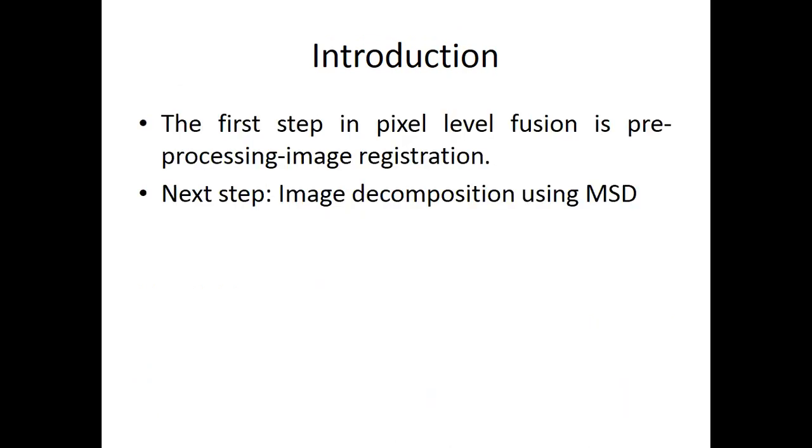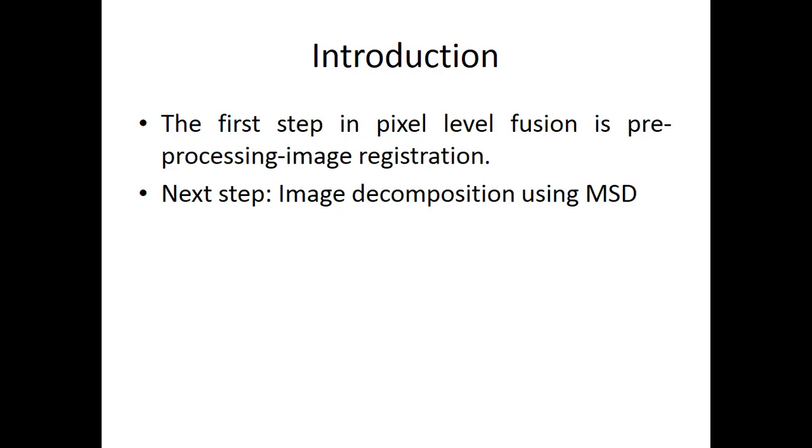The first step in pixel level fusion is the pre-processing of the data. We can have two images of different sizes, so we need to make these images of equal sizes, and this process is called registration.